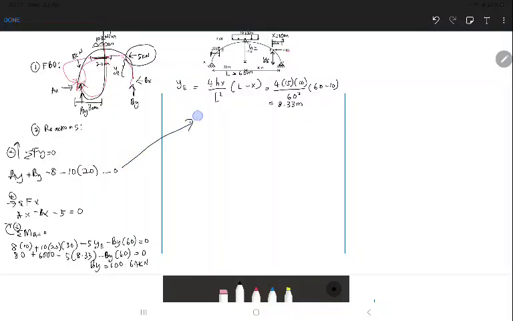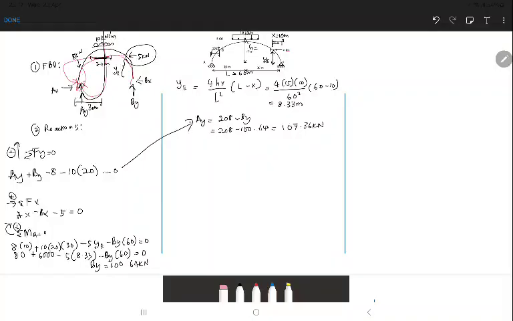So Ay is equal to 208 minus By, 208 minus 100.64. So you got Ay 107.36 kilonewton, and then Ax and Bx, how do you solve it?